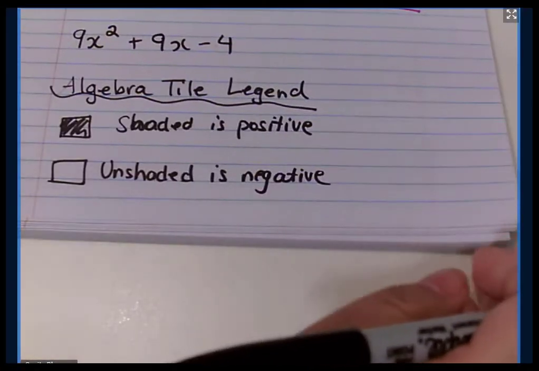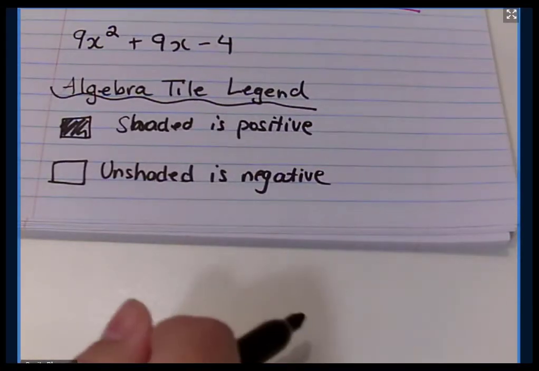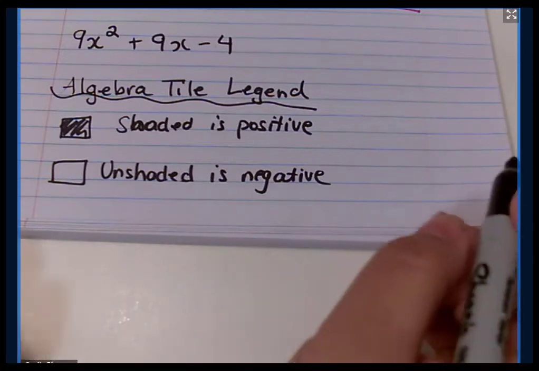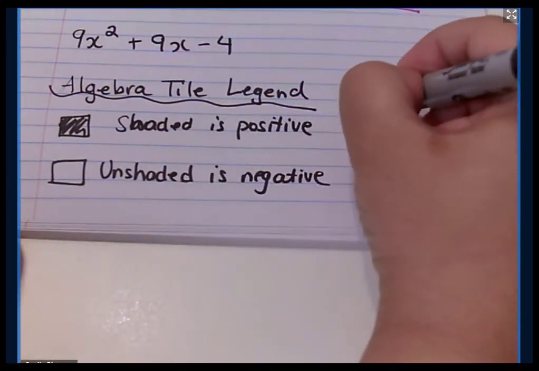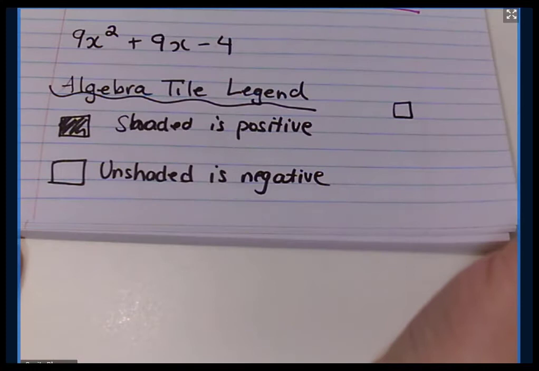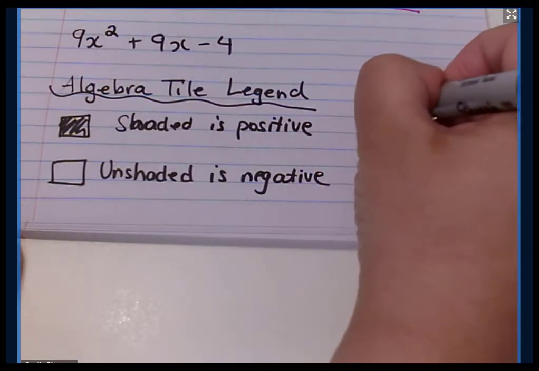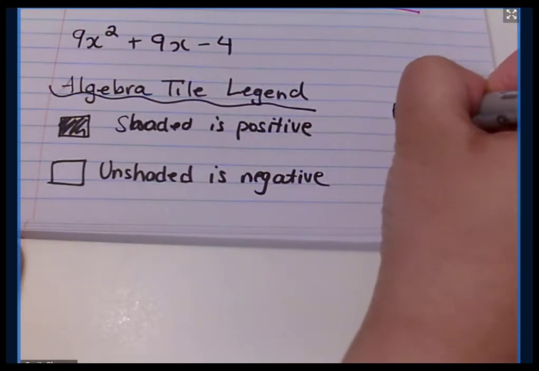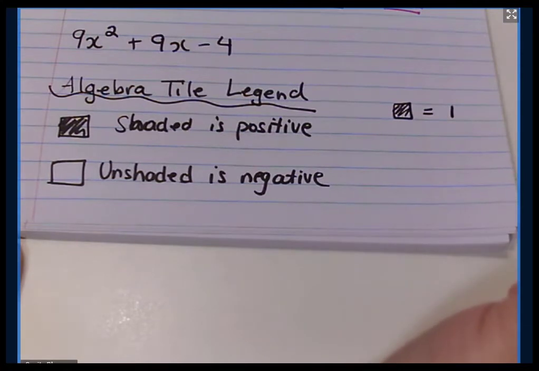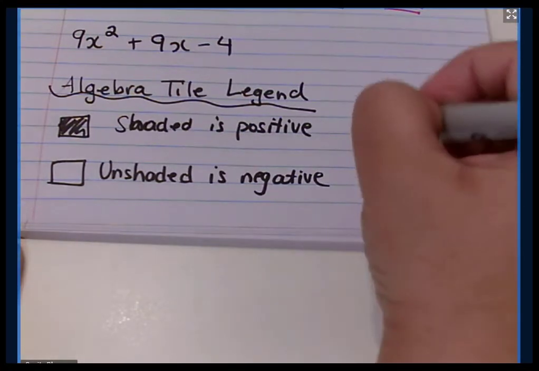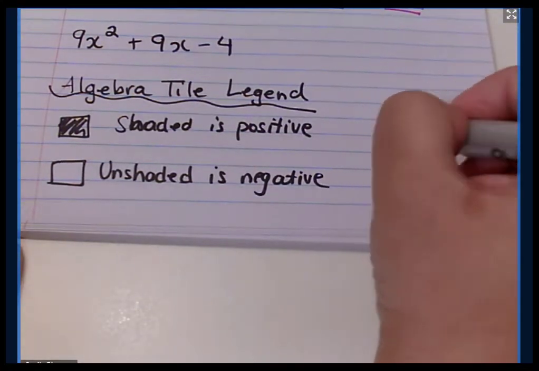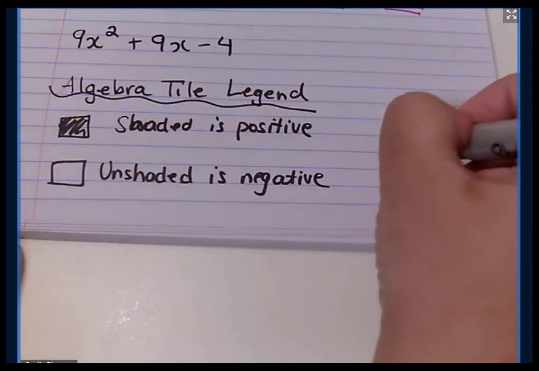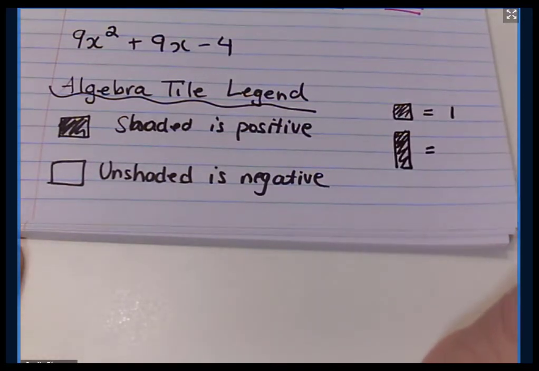And then you're going to see three types of tiles. You're going to see a tiny little one like this, and if it is shaded, that means it represents a positive 1. You're going to see a longer rectangular shape like this, and if it is shaded, that means it is a positive x.